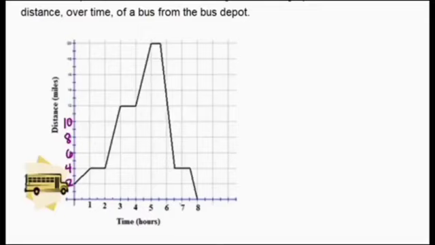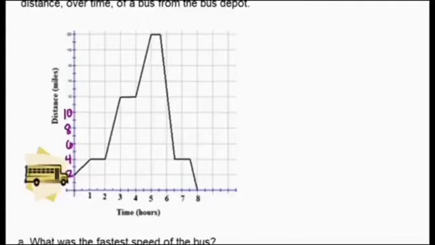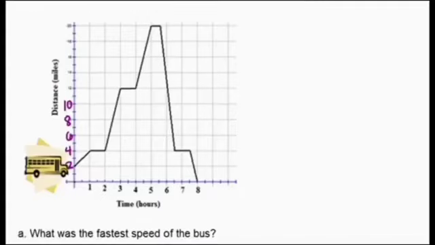So we're going to use this graph to answer some questions. A, what was the fastest speed of the trip? Okay, so anytime you have a distance time graph, speed will be the slope of the line between any 2 points. So if we want the fastest speed, we want to think about which slope is the steepest.